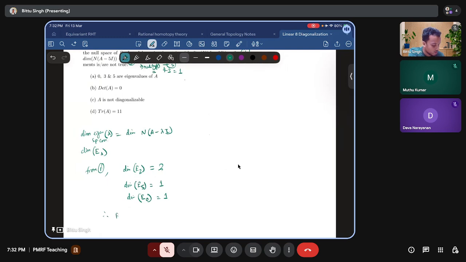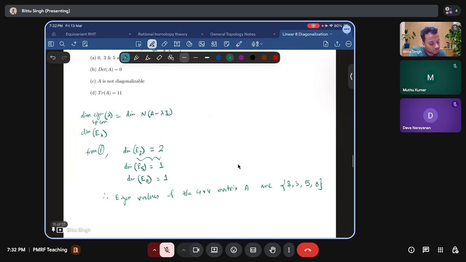Therefore the eigenvalues of the 4 by 4 matrix A are given by this set. 3 appears twice, so 3, 3, 5 appears once, and 0, right?